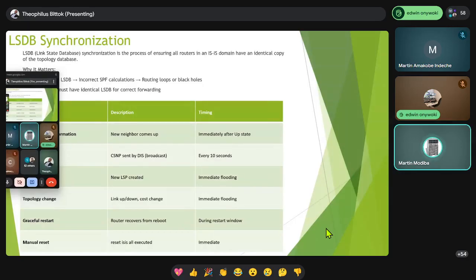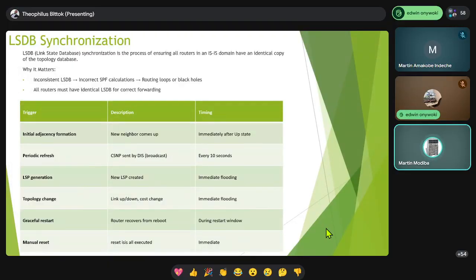Say, for example, OSPF process 100 has routes that are coming from area 100, and process 200 has routes that are coming from area 0, as an example. Let's say routes coming from area 100 are being leaked into another process.